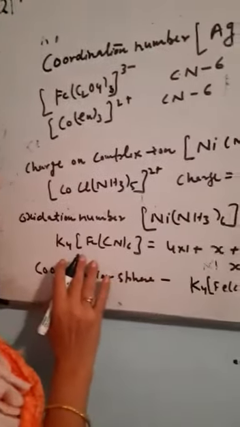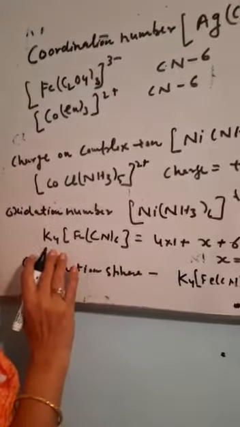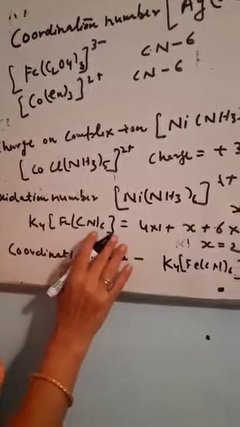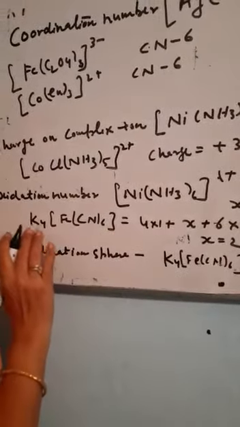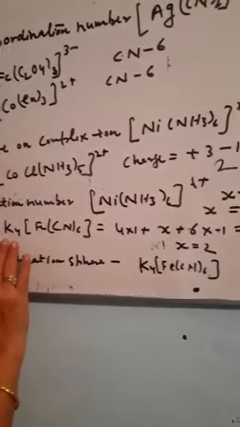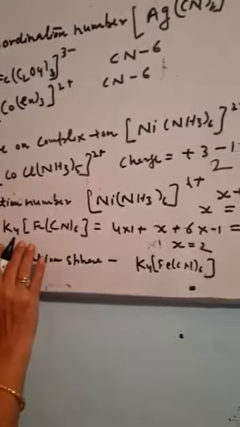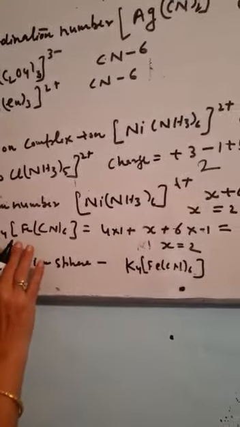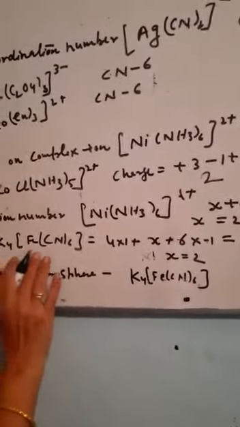In the case of K4[Fe(CN)6], the charge on potassium is 4 because there are 4 potassium. Each potassium carries a +1 charge.